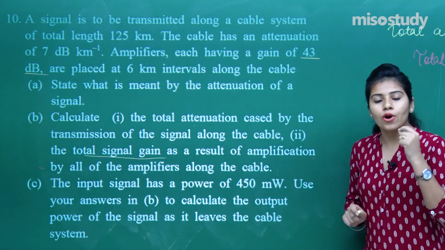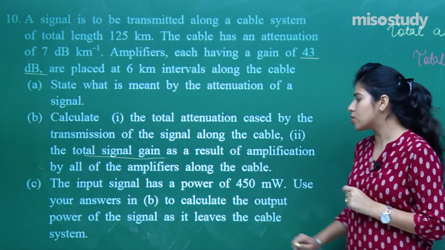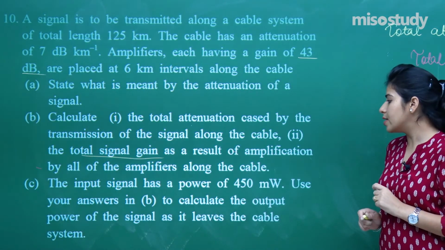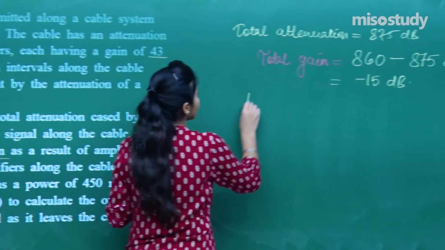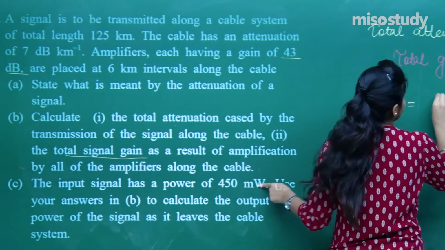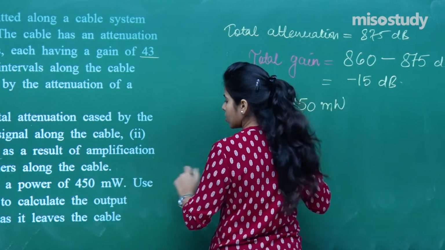There is one formula that you have to remember and learn to find out such questions, to calculate the output power of the signal as it leaves the cable system. Firstly, power input has been given as 450 milliwatt.